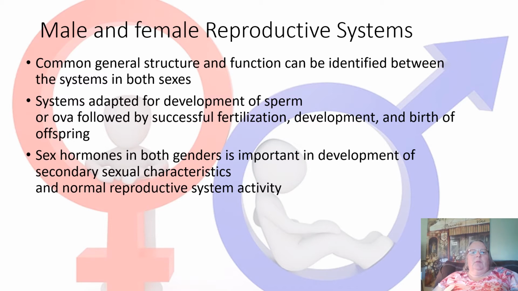Sex hormones in both sexes are important in development of the secondary sexual characteristics, and also for normal reproductive system activity in both sexes.